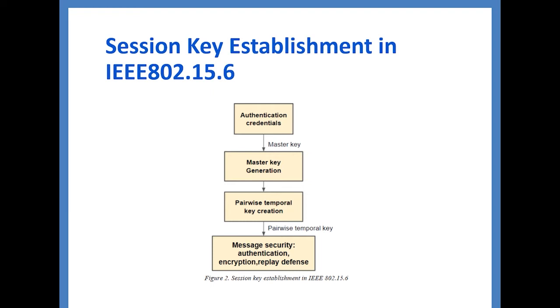Here, the authentication credentials may be a static or a dynamic attribute which is used to generate the master key at any nodes like sensor node, hub node or relay nodes, etc. Then this master key generates the pairwise temporal key between the hub node and system administrator or sensor node and system administrator, etc. Then the message security is provided by encryption, authentication or replay protection mechanisms to provide some security properties in WBAN.